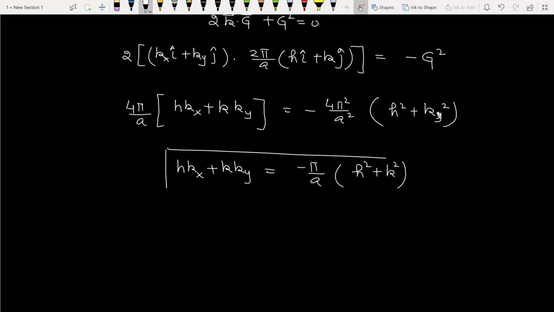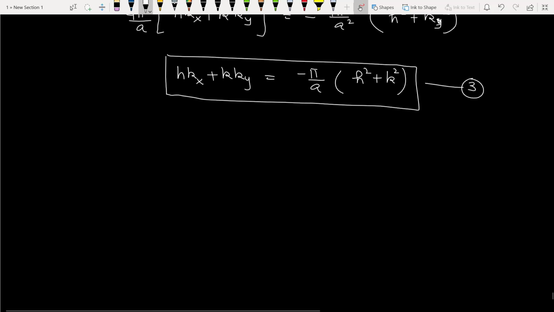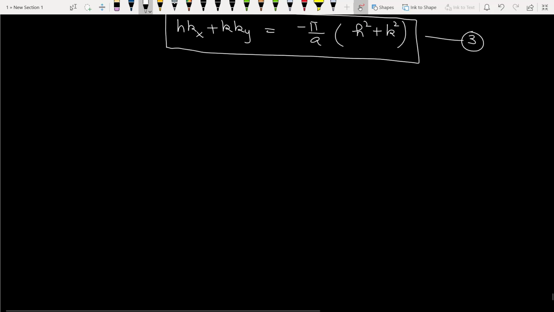So this is equation number 3, the Bragg's law in reciprocal lattice.